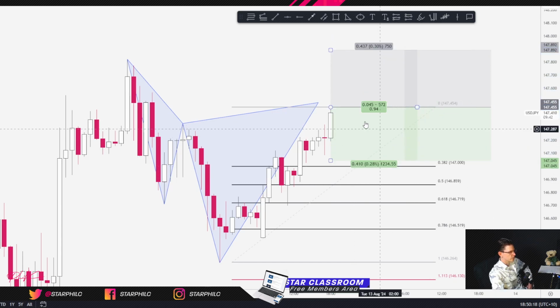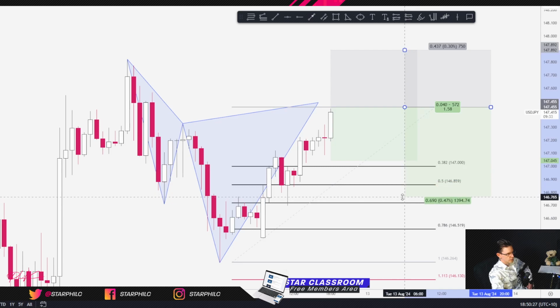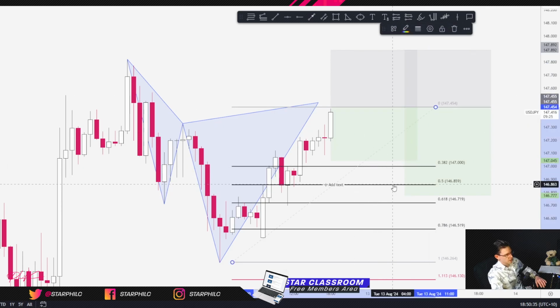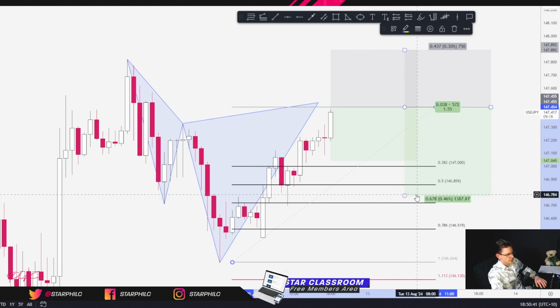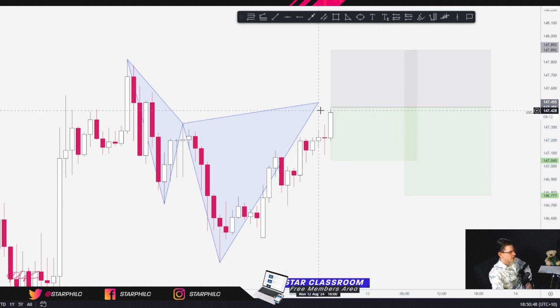Very important. Now, target 2, if we get a move back down into the 618, then we will hit target 2. And in a perfect world, that's exactly what we want right there. All right. So target 1, we have a 382 from our Fibonacci retracement, and target 2, we have a 618 right there. Again, we're just shy of this entry here.